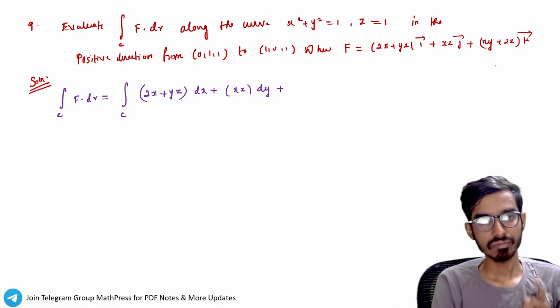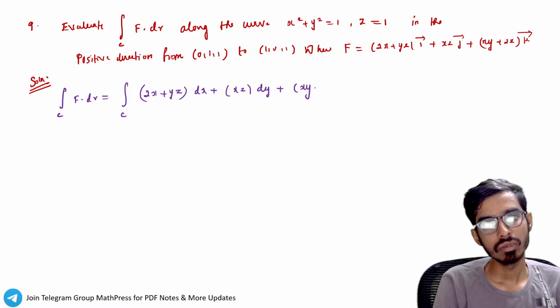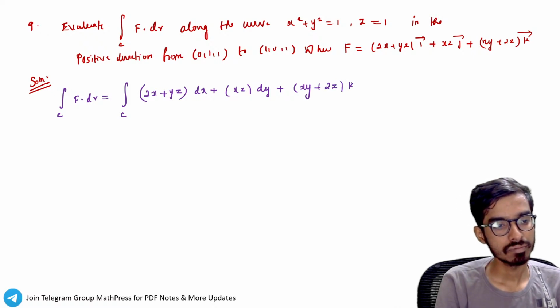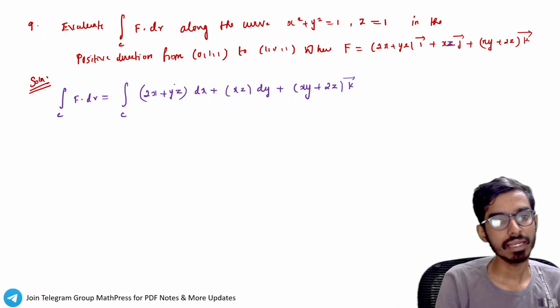So dr is dx i plus dy j plus dz k. So f is (2x plus yz) i vector, xz j vector, (xy plus 2z) k vector.